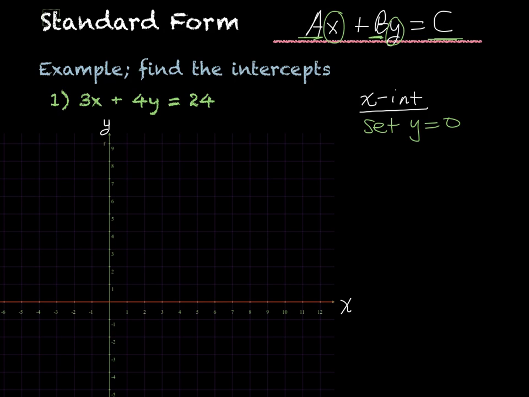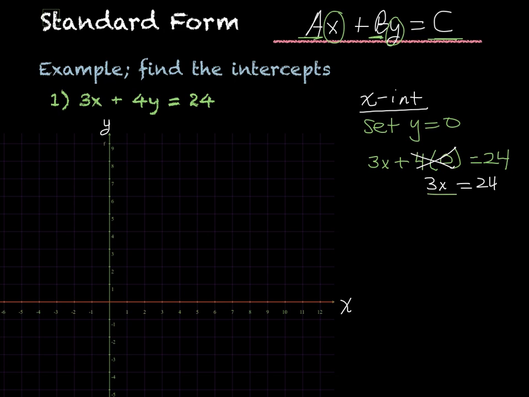So when we set y equal to 0, we're going to write the equation 3x plus 4, there's my y, so I'm going to put 0, equals 24. So 4 times 0 is 0, and I have 3x equals 24.